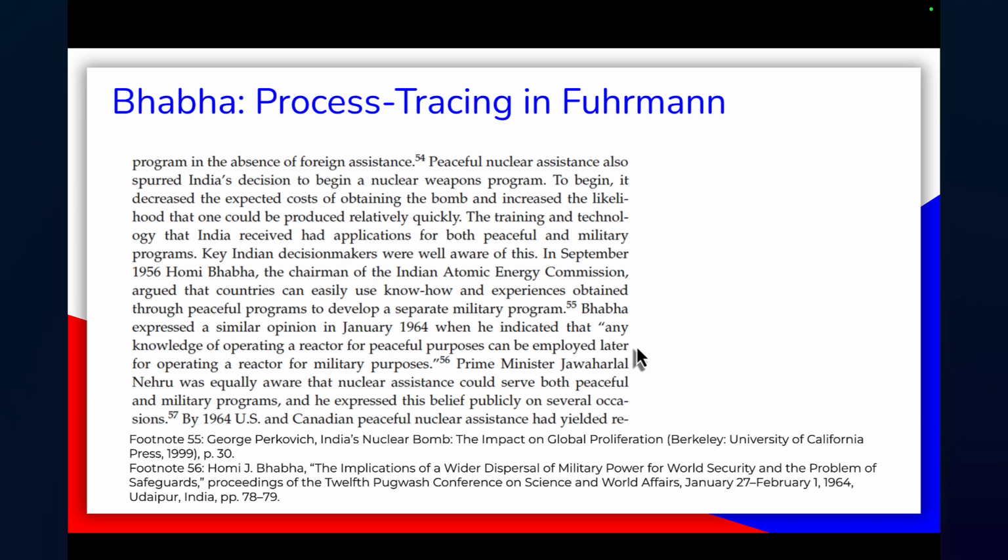Bingo, right? Baba is saying it directly. And you'll note too that these are our two footnotes here. So in September, Baba, the chairman of the Indian Atomic Energy Commission, argued that countries can easily use know-how and experiences obtained through peaceful programs. Okay. And then this is where we got that narrative evidence.